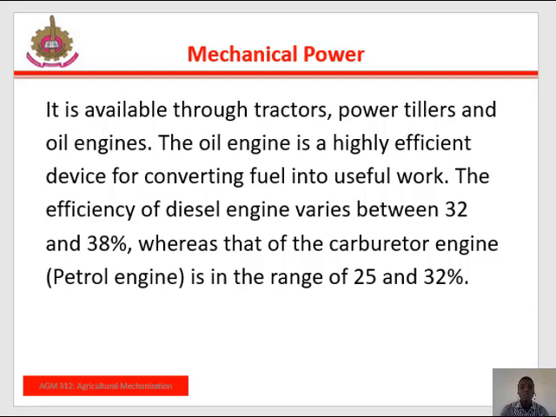The advantages of using mechanical power are that the efficiency is high, it is not affected by weather, it can run at a stretch, and it requires less space. The disadvantages are that the initial capital investment is very high, the fuel is costly, and repair and maintenance need technological know-how.